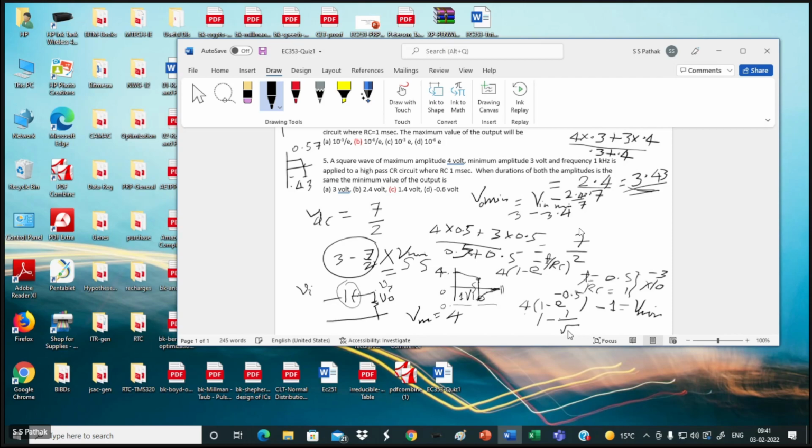That means 2.67. So it becomes roughly equal to 4 into this thing. Roughly, 1 by 1 point something, it will be 0.9 or so.